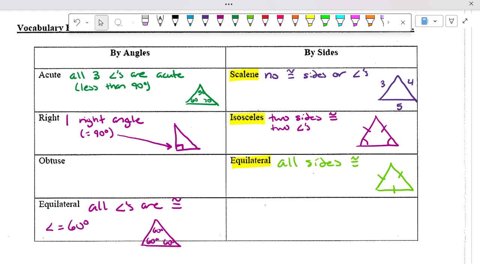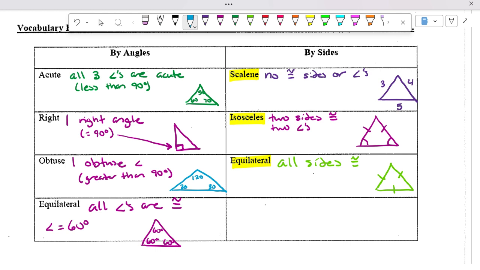And then lastly, obtuse. An obtuse triangle has one obtuse angle. And what does obtuse mean? It's greater than 90. So, for example, let's say this was 120, 30, and 30.